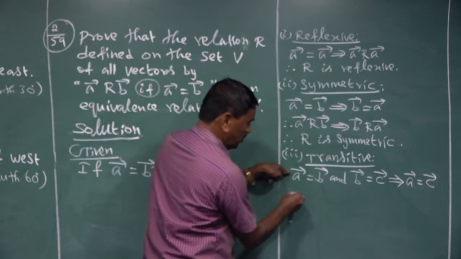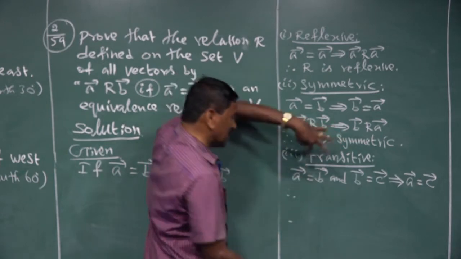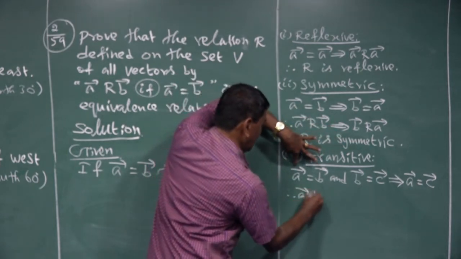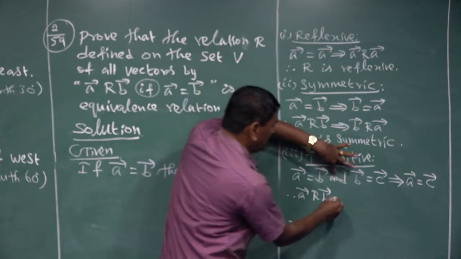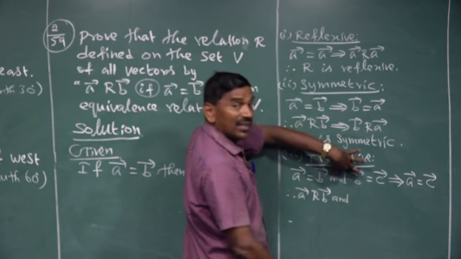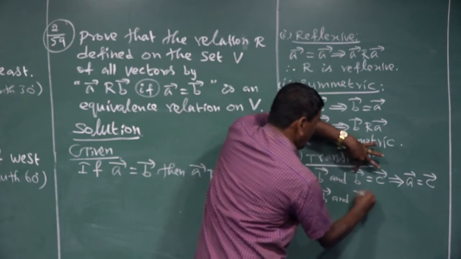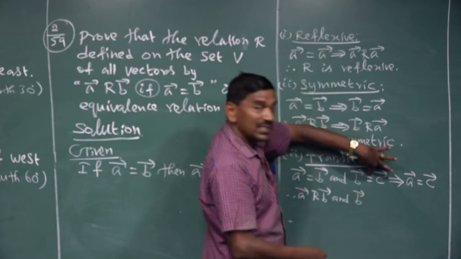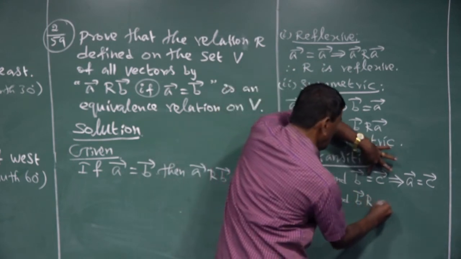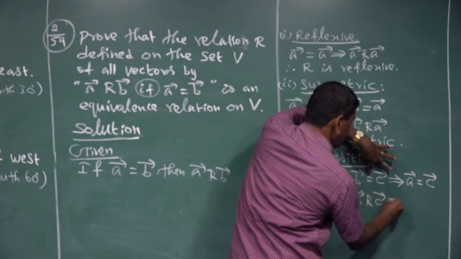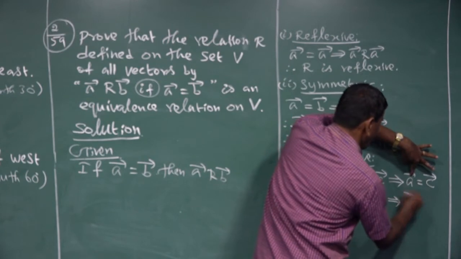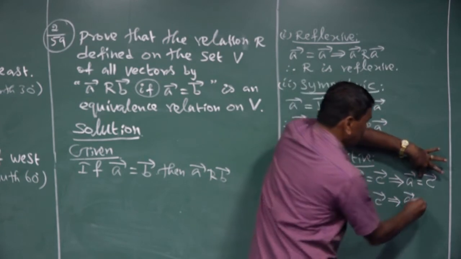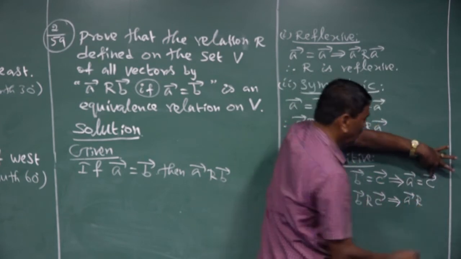Now, therefore, A vector is related to B vector and B vector is related to C vector, which implies A vector is related to C vector.